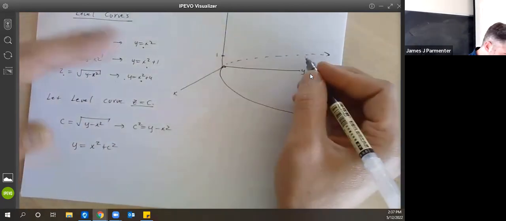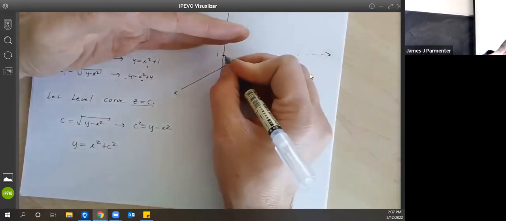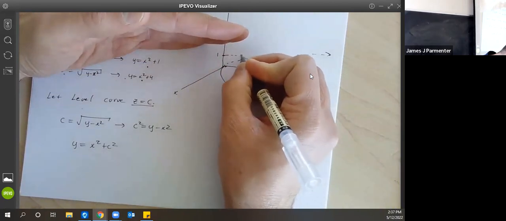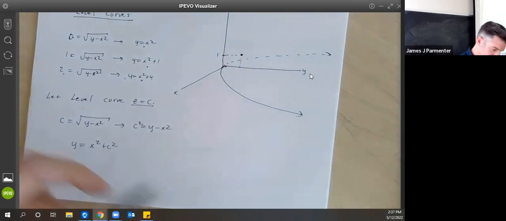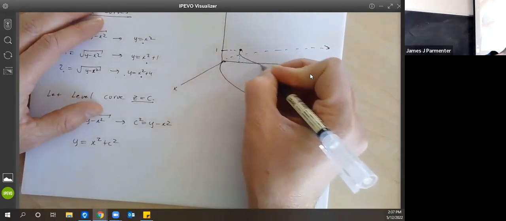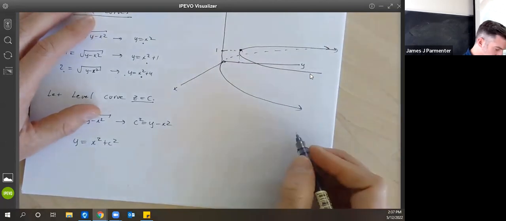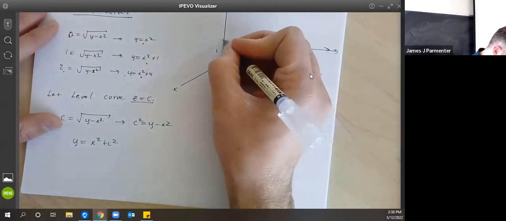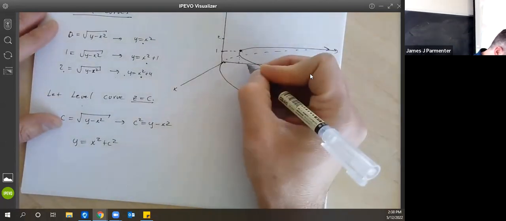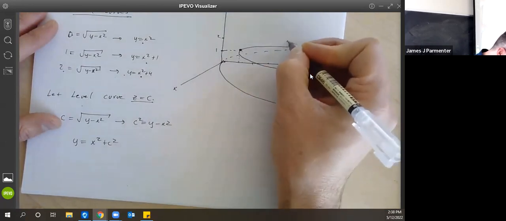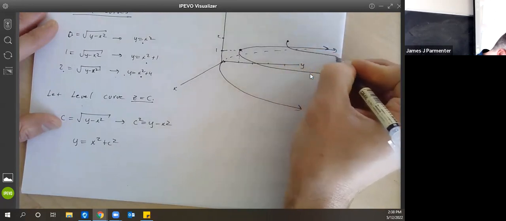So in this new plane that's at a height of 1, my parabola is going to start like here. And so I'm going to get this new parabola up there. And then at a height of 2, my parabola is going to start way over here at 4. So it's going to be something like that.